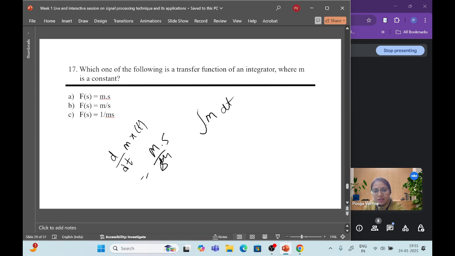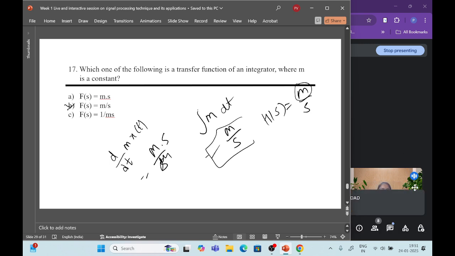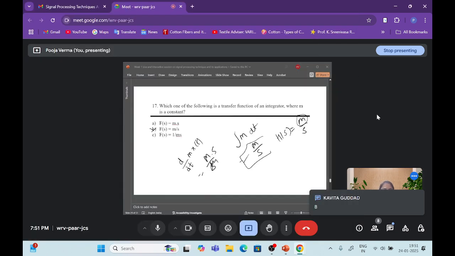For an integrator it is m by s, right? So the transfer function of an integrator is m by s, where m is a constant. Okay, so option B is the correct answer.